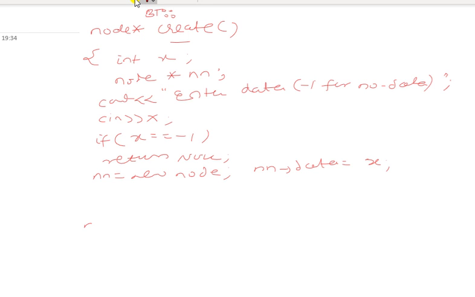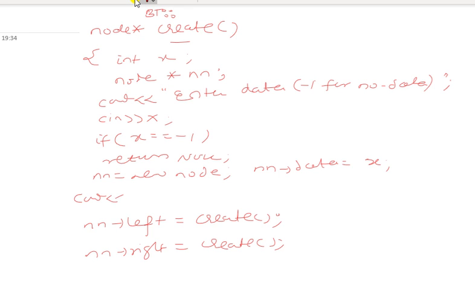Now what is nn left? nn left is, again you need to create one more node, so again call create. What is nn right? nn right, again you need a node, again the same algorithm, again recursively you will be calling it like this. So here you can give a message cout enter left child of x, you can say like this.